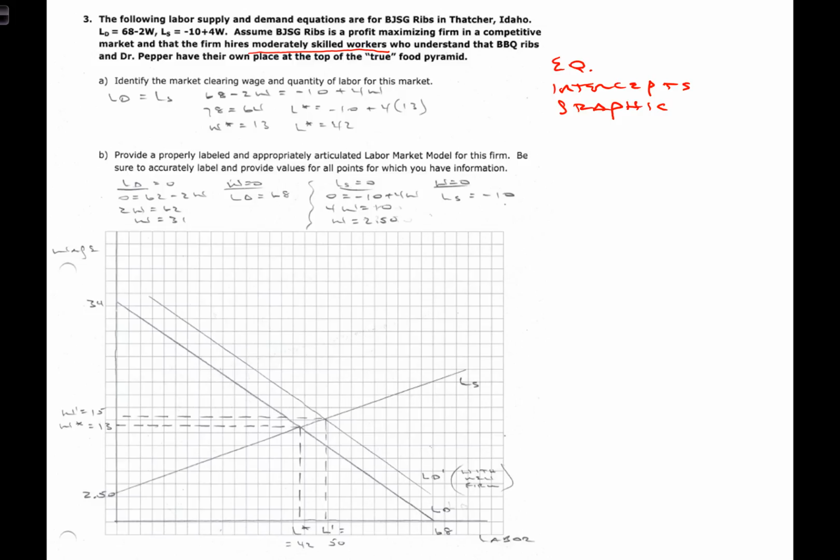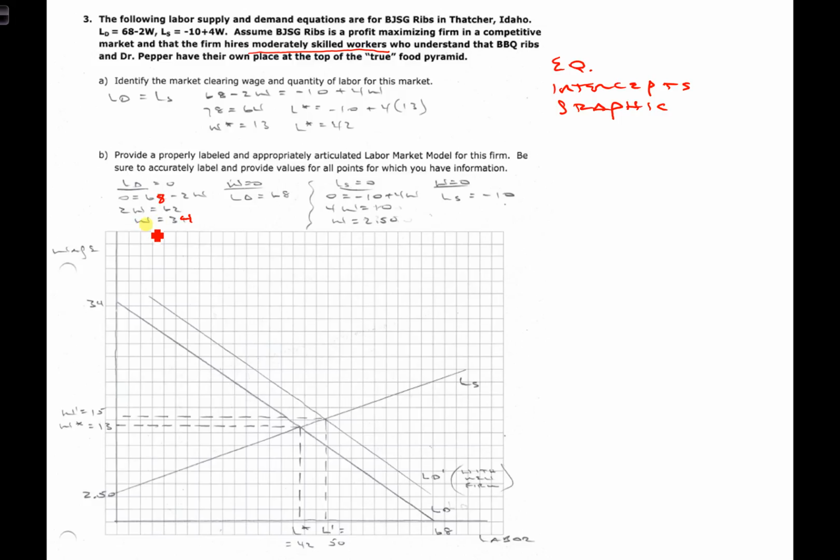So we've gone ahead and done our intercepts. For the labor demand intercepts, I know that if labor demand is equal to 0, then 0 equals 68 minus 2W, or 2W equals 68. Excuse me, this was 68, not 62. And W is 34, just as I have for you here.